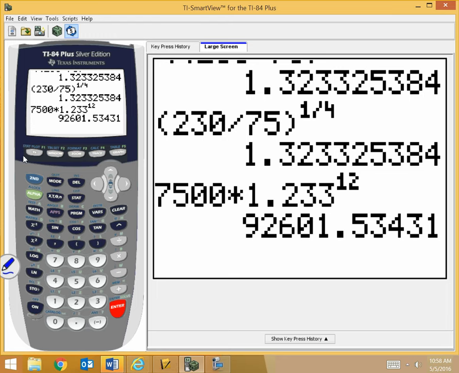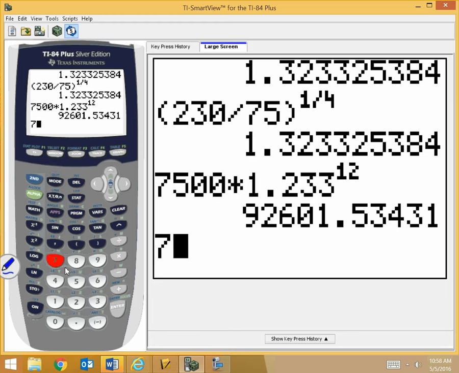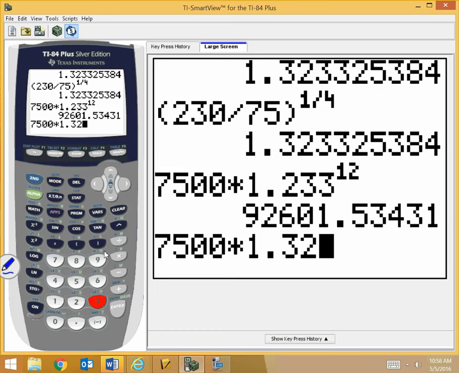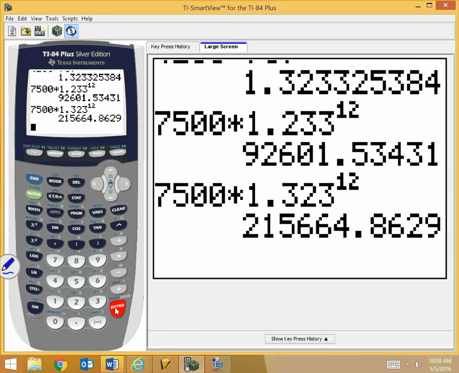I think I wrote it wrong, so let me just start over again. 7,500 times 1.323 to the 12th, which is going to give us about 215,664 bacteria.